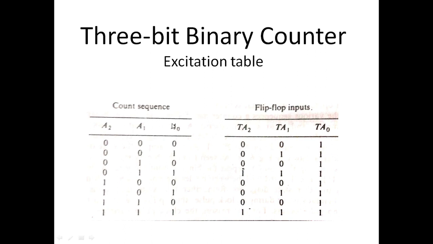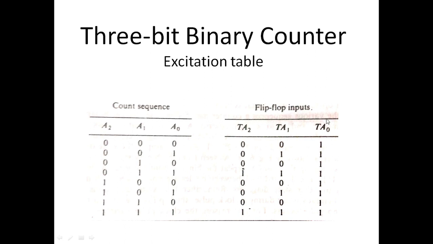And we get these sequences from the outputs of the 3 flip-flops. The output of flip-flop 0 is A0, the output of flip-flop 1 is A1, and the output of flip-flop 2 is A2. So these are the outputs of the 3 flip-flops, which are the states of the flip-flops, and that is actually the output of this sequential circuit.